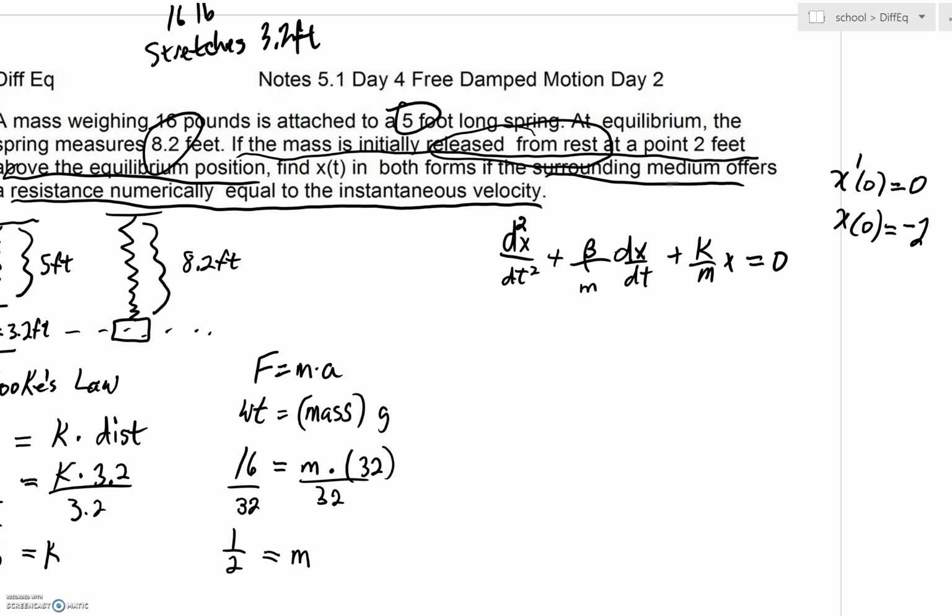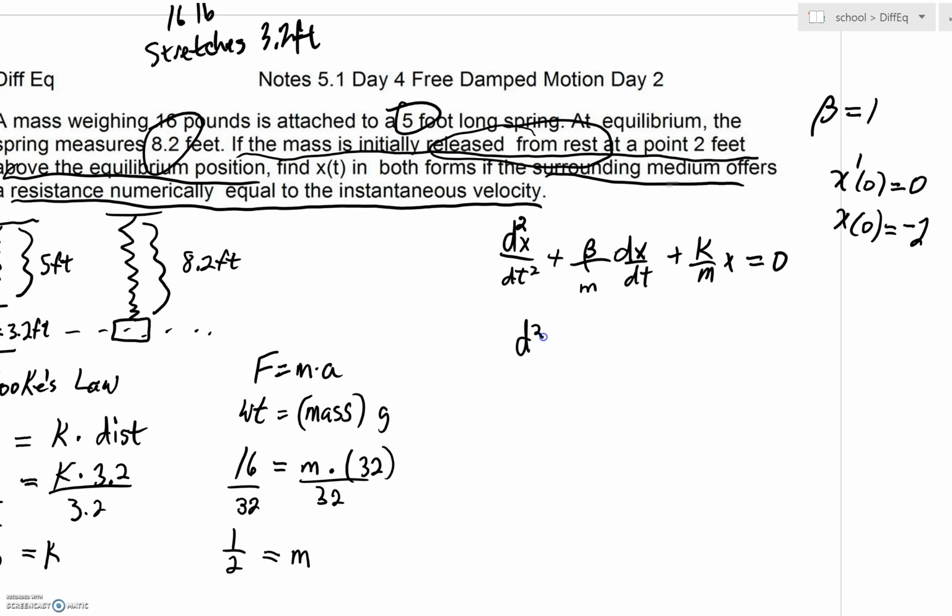Remember, beta was that constant multiplied by the instantaneous velocity. What we're seeing is that the resistance is equal to that. Because it's equal, beta would equal 1. So the resistance would be 1 times the instantaneous velocity. Again, quite a bit of reading is coming into play right now.